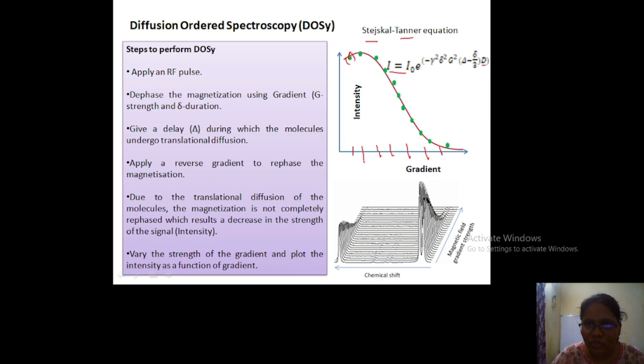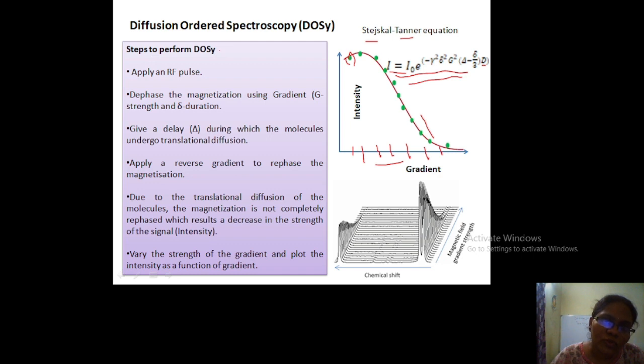They plotted gradient versus intensity, and saw that this data can be fitted to this equation. So using this Stejskal-Tanner equation, one can find the diffusion coefficient of a molecule in your sample. Okay, so we shall see how we perform this DOSY experiment step by step.